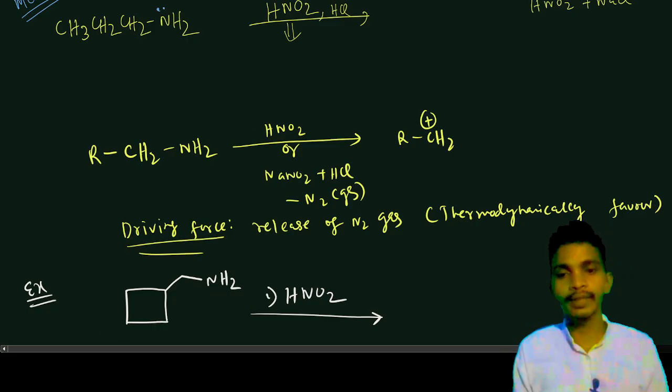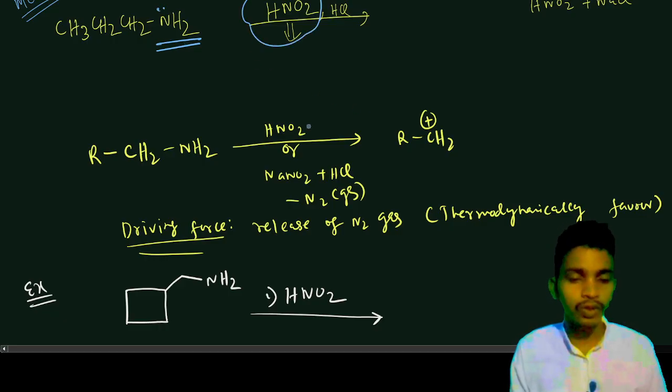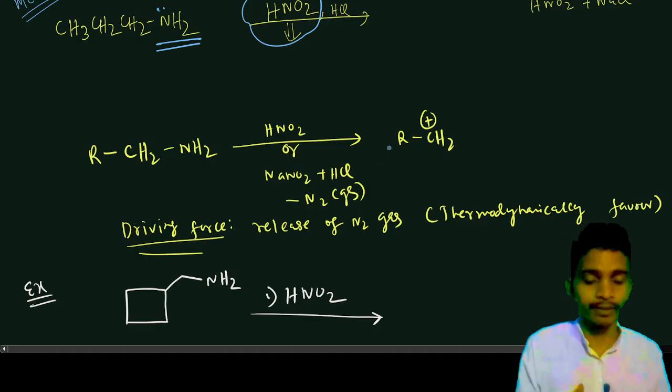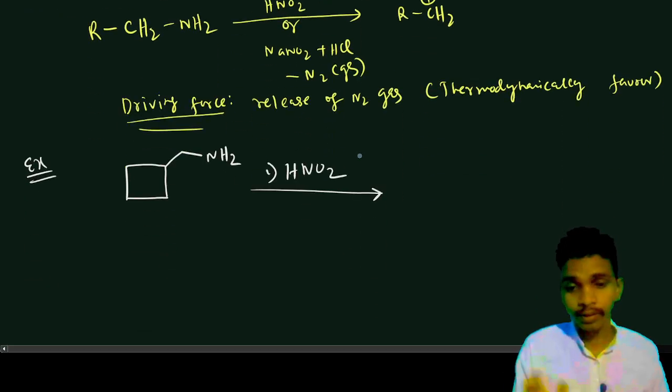So whenever you see in any reaction NH2 with the reagent HNO2, just remove the nitrogen gas, form the carbocation and do the rearrangement. When a carbocation forms, then rearrangement will happen. I have explained in the previous class how you do the molecular rearrangement. Okay, so by solving examples, you will get more clarity.